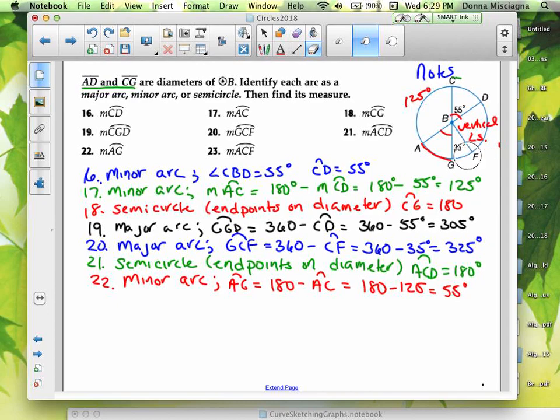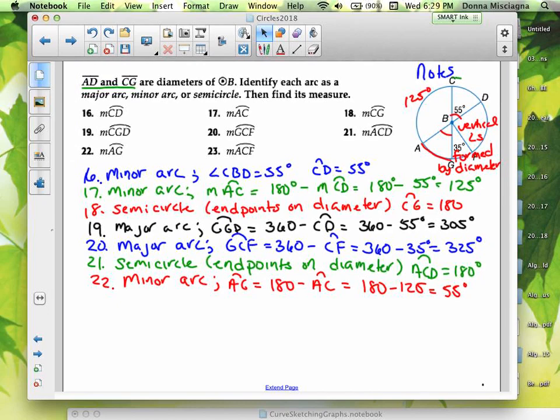It's not like it's 3 lines, it's definitely 2 lines. I'll try to write neater. Both of those angles are formed by those 2 diameters. So those intersecting diameters. Right? So those are vertical angles.